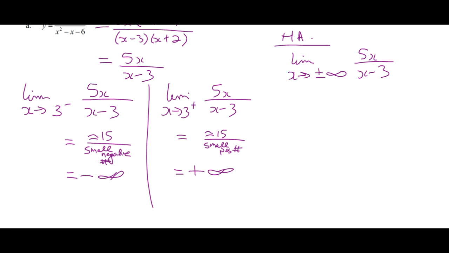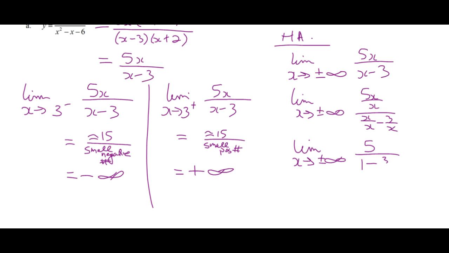Okay, now we have ways of doing this, right? So algebraically, we divide by the highest power of x, I guess, right? So we take 5x over x, and we take x over x minus 3 over x, right? Which gives us 5 over 1 minus 3 over x. So what happens to 3 over x as x approaches infinity?